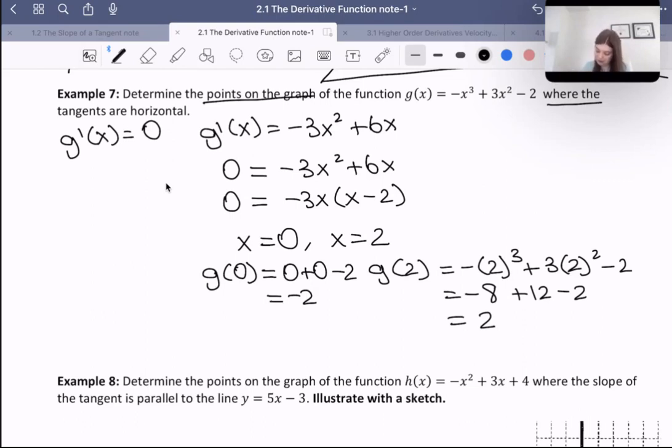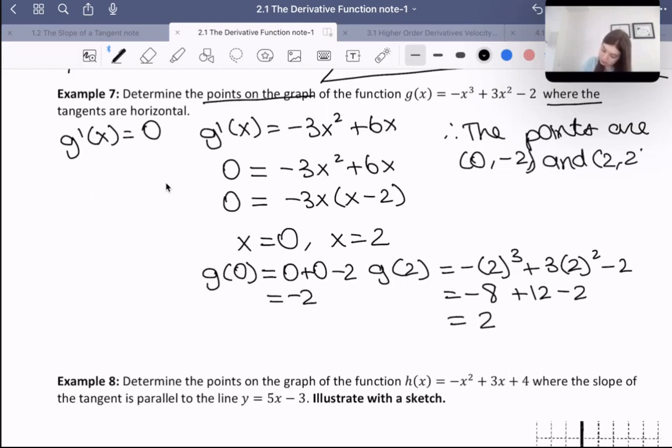Okay, because we can never have the same input given two different outputs, but that would be okay anyway. Okay, no, we're good. All right, so therefore, the points are 0, negative 2, and 2, 2, right?